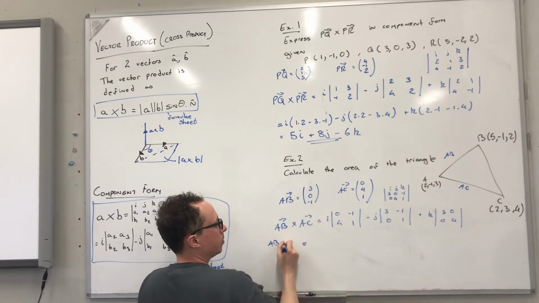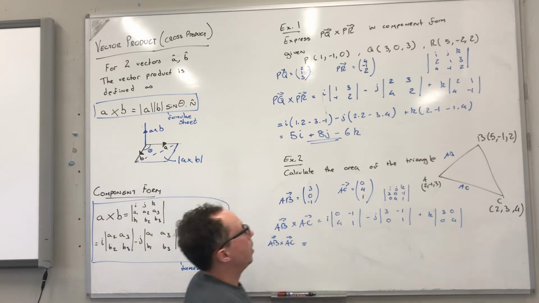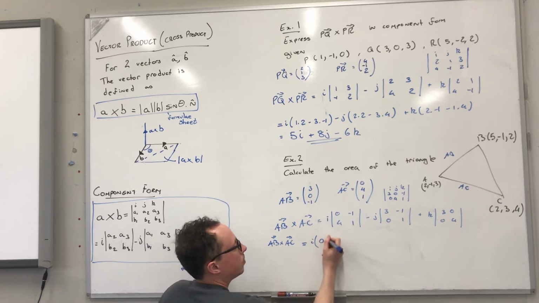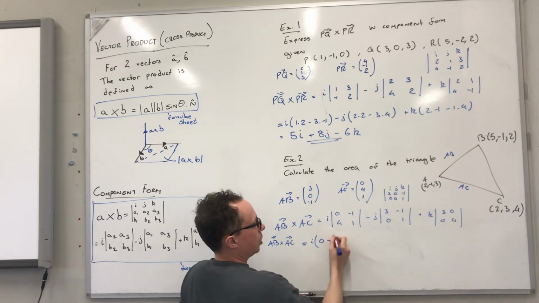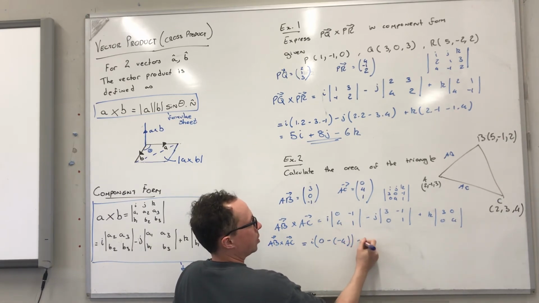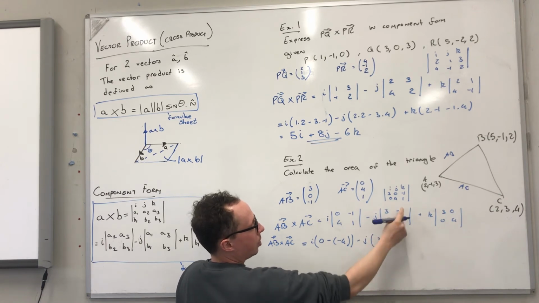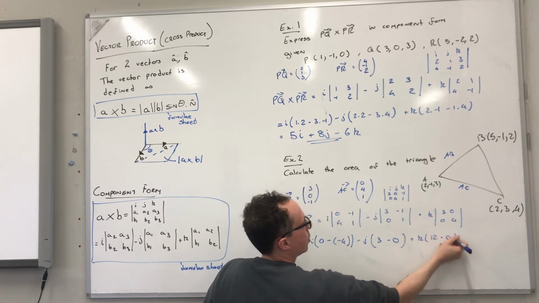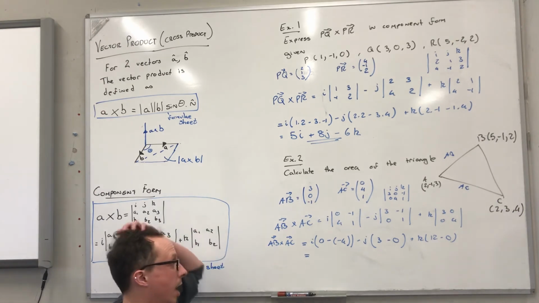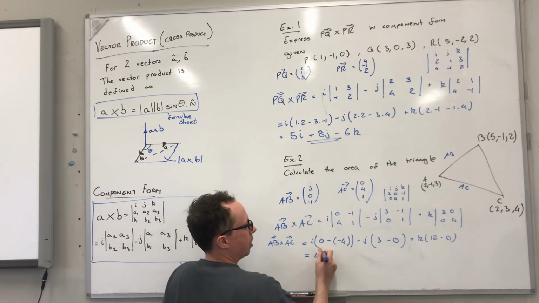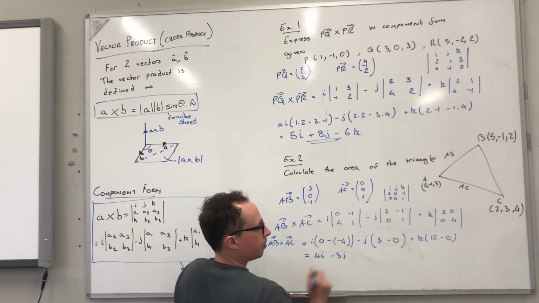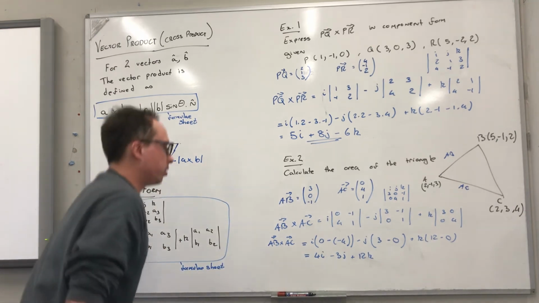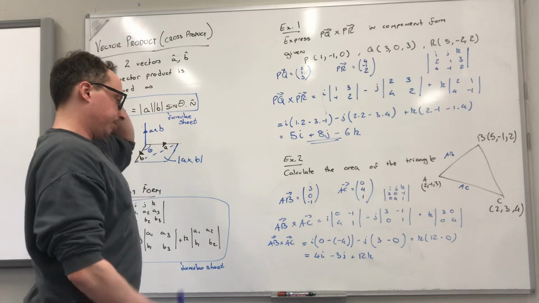So AB cross AC is going to give us i times 0 times 1 is 0, minus negative 1 times 4, which is negative 4, minus j, 3 times 1 is 3, minus 0, plus k, 3 times 4 is 12, minus 0, and so we're going to get 4i minus 3j plus 12k.